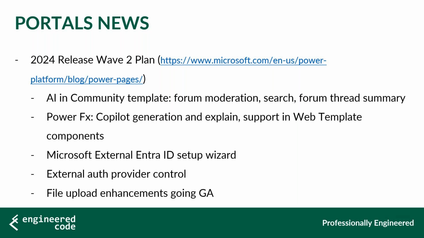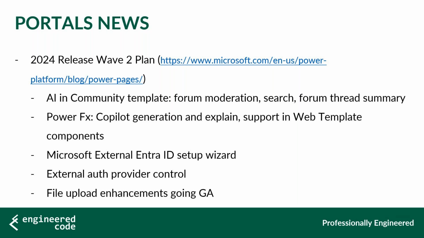If people are putting up posts that appear to be spam or don't meet your community guidelines, you can enable AI moderation, and it will automatically remove those posts from your forums. They've also got forum thread summary. If you have a particular forum thread that goes on for pages and pages, you don't want users to have to browse through all those pages to get the gist of what people are discussing, what was the question, what was the answer.